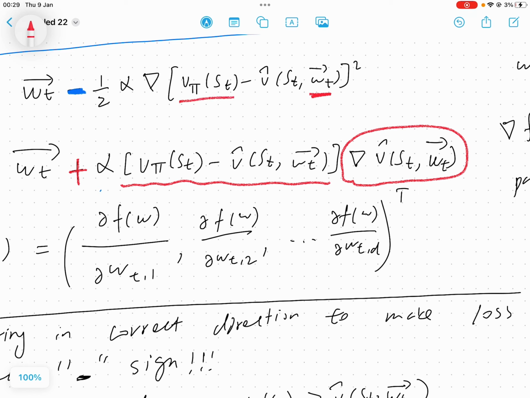In the target, we assume it is just some fixed number, so we don't have any further gradient to take there. The place where we take another multidimensional partial derivative is the second part, so we must have this part here.